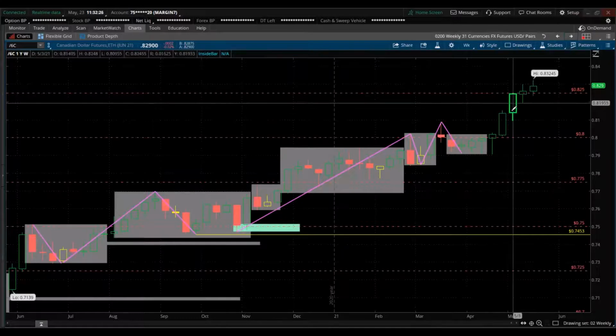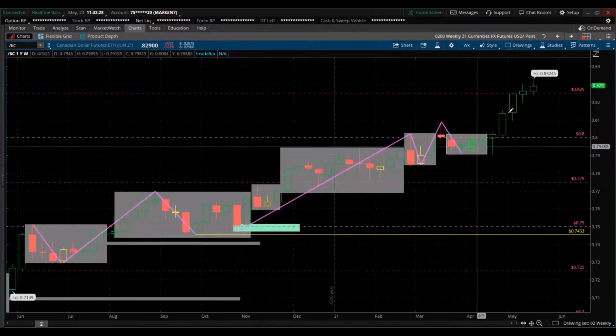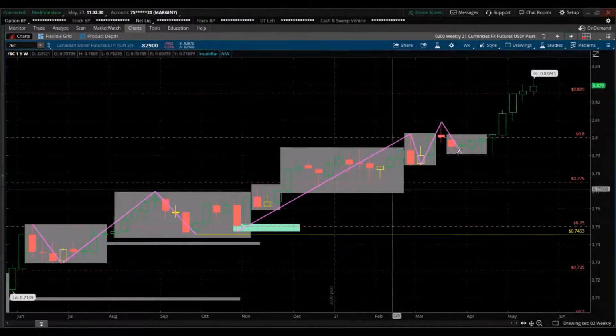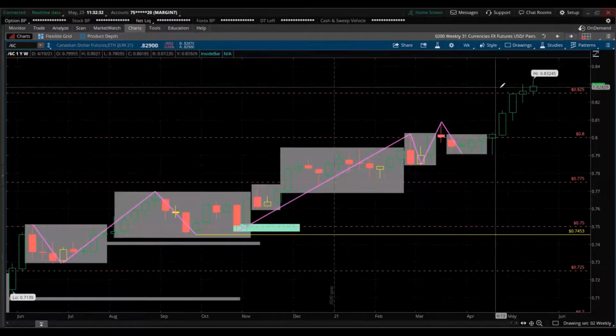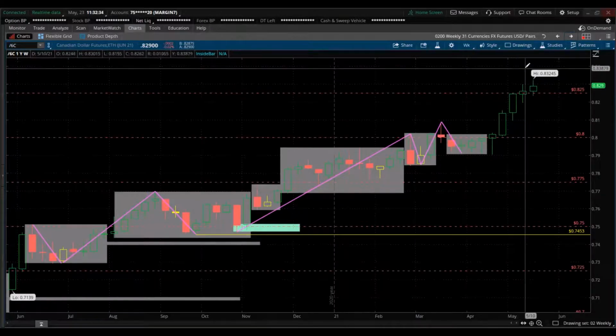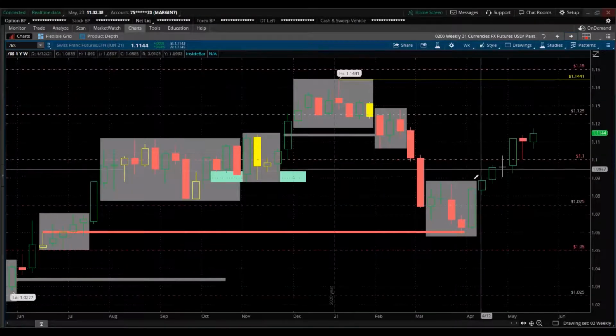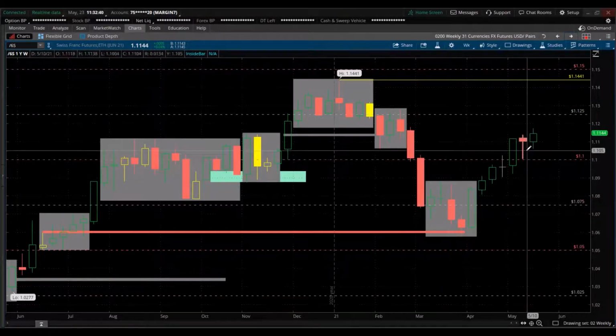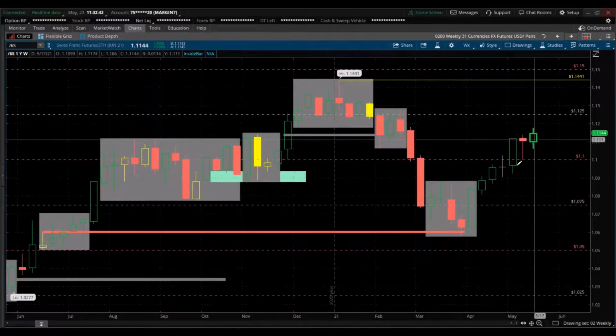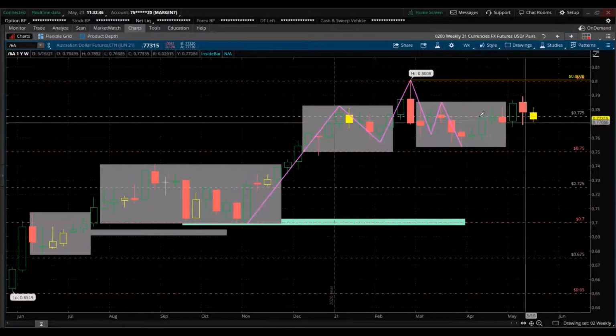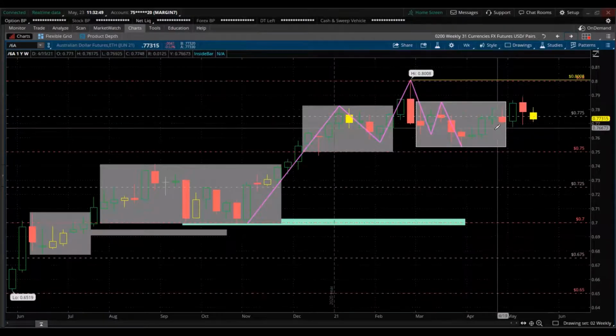And look at this, the Canadian dollar, very strong. The momentum's to the upside, it's a bullish bias, strong Canadian dollar, giving strength to the Canadian dollar against the US dollar. And the Swiss franc, also trending higher, giving strength to the Swiss franc against the US dollar. Australian dollar, we already see weakness here.